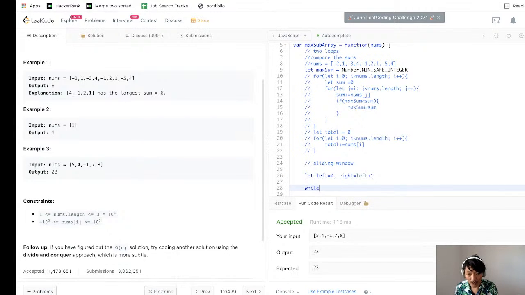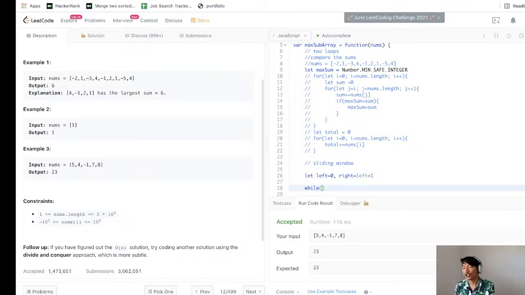So what we will need to do is a while loop.